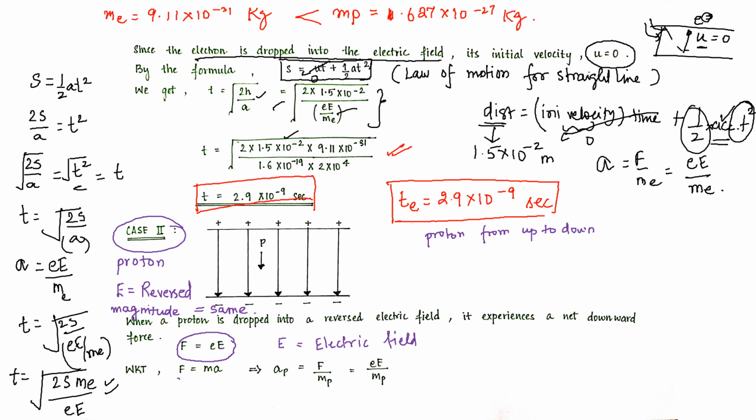And we know that force equals mass into acceleration, and from this equation we got acceleration equals force upon mass of proton, and from the previous equation we got force equals eE, that is divided by mass of proton to get the acceleration.